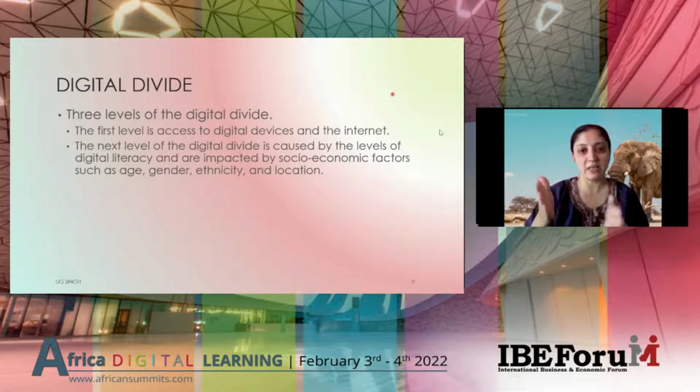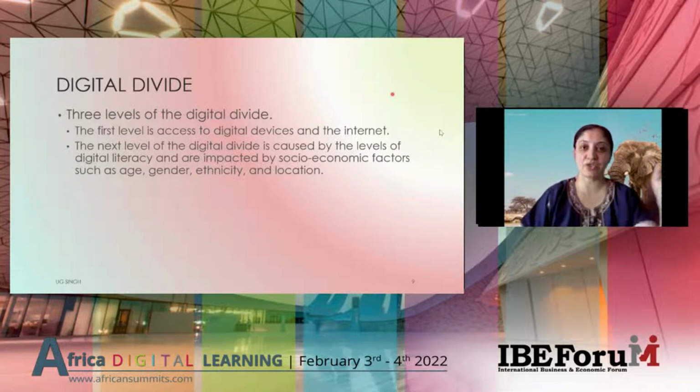And in that digital literacy here, we're looking at the socioeconomic factors, and this ties again back to social capital, which we had in the previous slide, and economic capital, and it's often influenced by age, gender, ethnicity, and location.